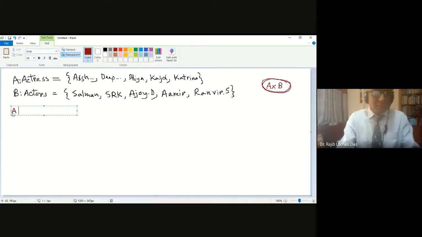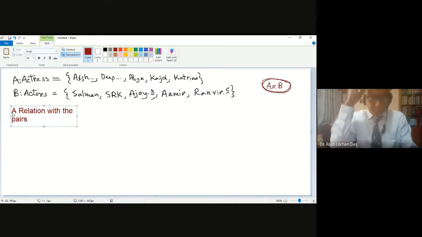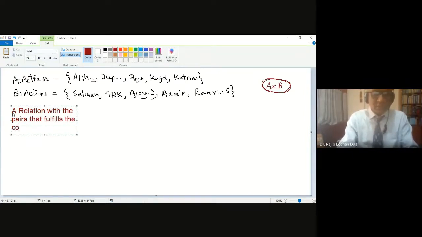A relation with the pairs that fulfill the condition.